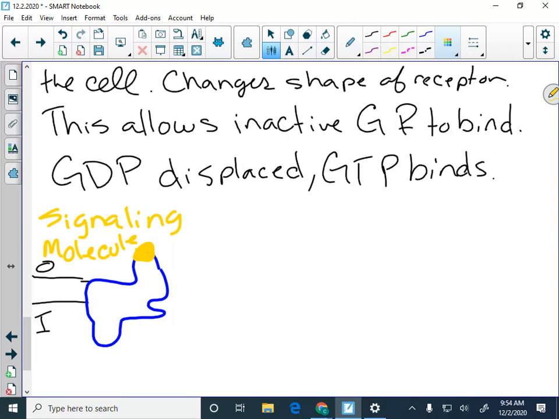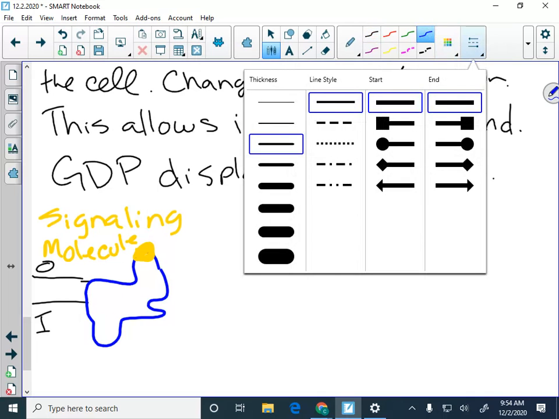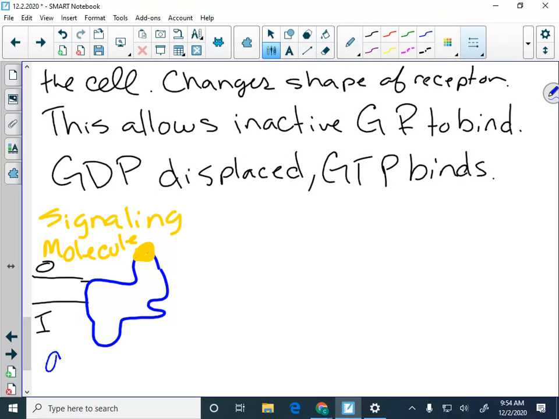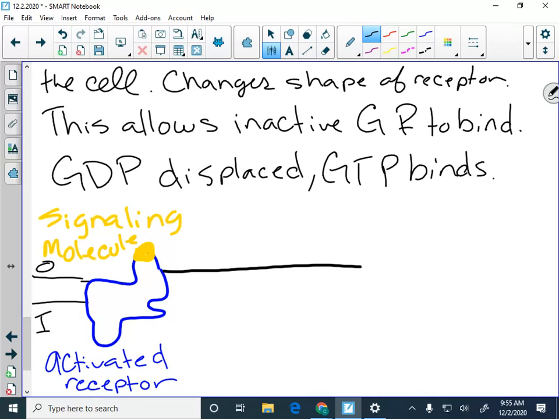That's really thick. So, when our signaling molecule binds, we have a change in our receptor shape. Now, this is an activated receptor. Now that that receptor is activated, our G protein will bind.